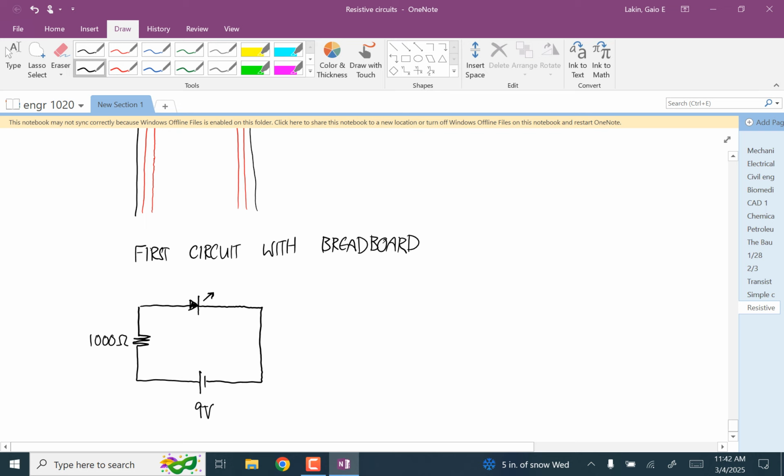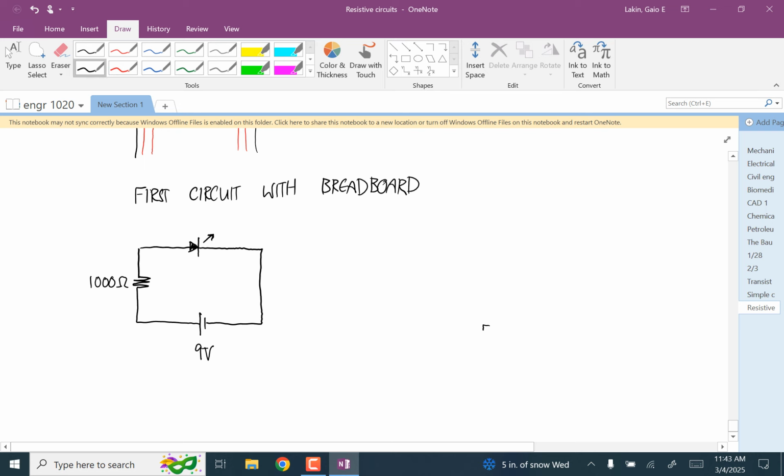So what this is going to look like physically is we have the 9-volt battery with the positive and negative. We're going to connect it to the 1,000 ohm resistor. Then we're going to connect that to the LED.